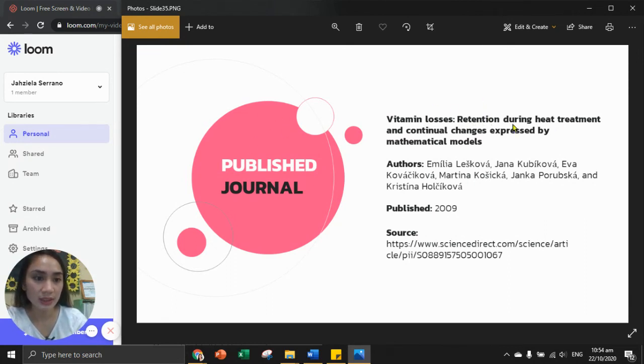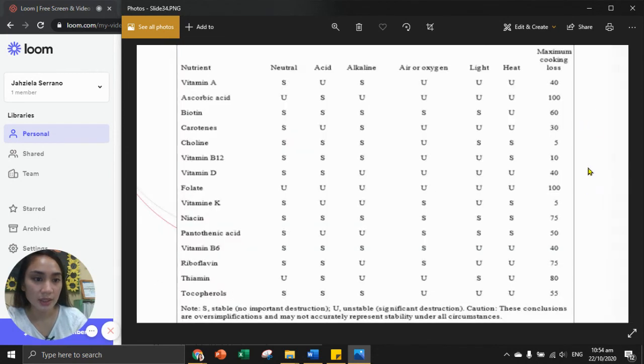So this is a retention during heat treatment, no? So ito sa study na to with this table, makikita natin yung folate. So, yung ascorbic acid natin, 100% maximum cooking loss. Wala na talaga siya. We have the folate, 100% din. And then next to it is thiamine, which is B1. So, upon cooking, mabilis mawala ang thiamine. And what else? Riboflavin.